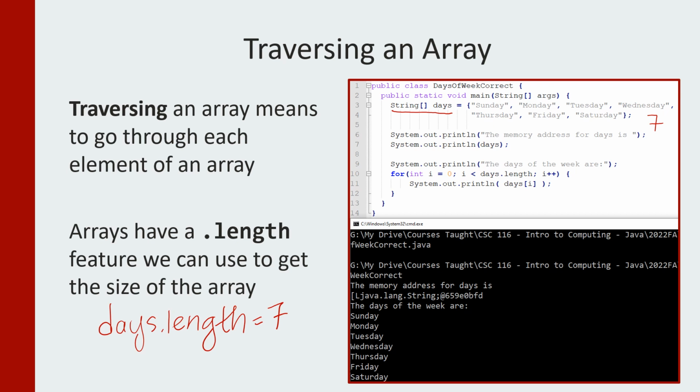Now I could put that in explicitly, or I can in the loop just say i is less than days.length. And you'll notice here the indexing is i equals 0, i less than 7, i++, because remember, my array is indexed from 0 through 6.